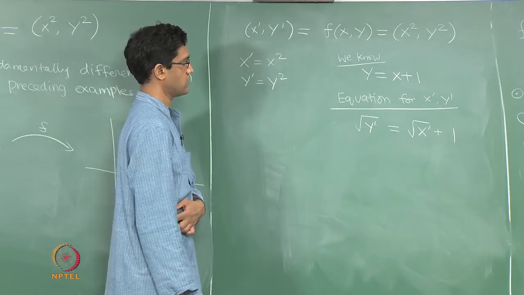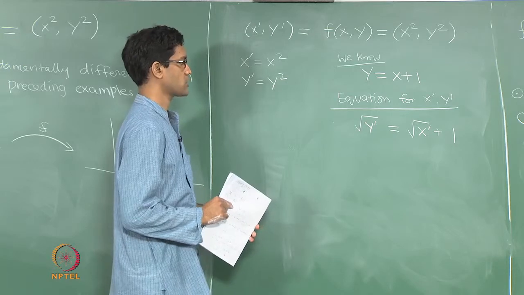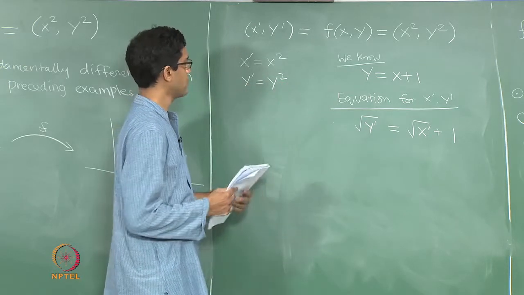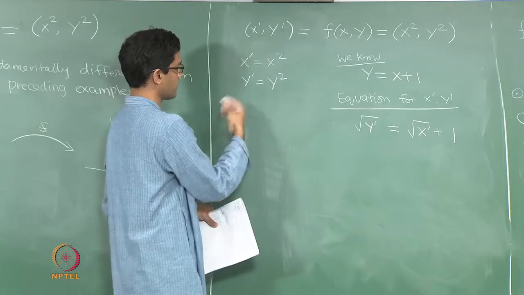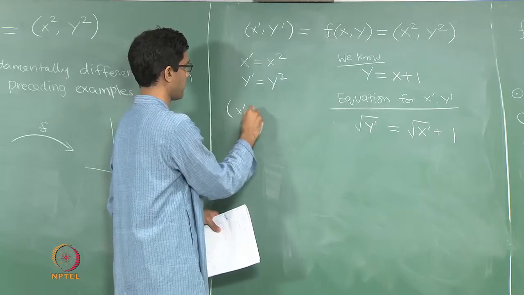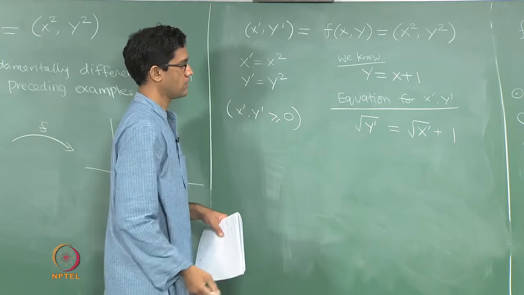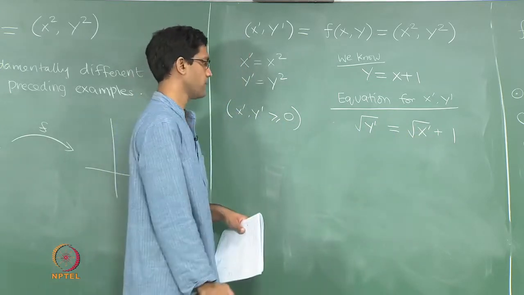Okay. So, this is really the equation that connects the variables y prime and x prime. Observe here y prime and x prime, since they are squares of these variables, are definitely greater than or equal to 0. Okay. So, here is the equation that tells you how y prime and x prime vary.